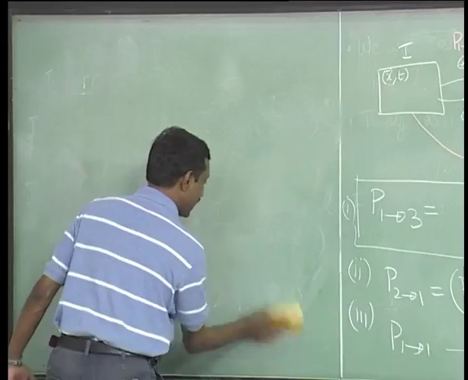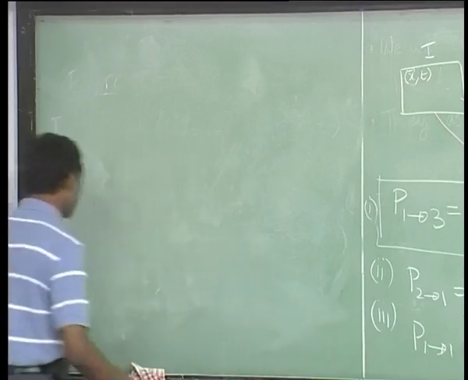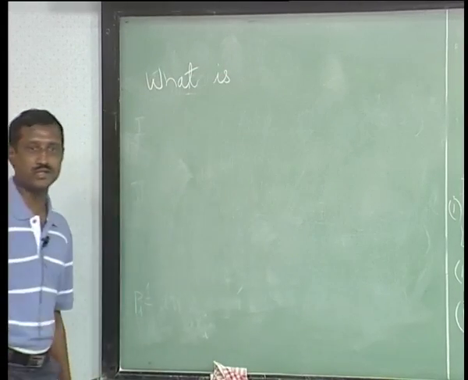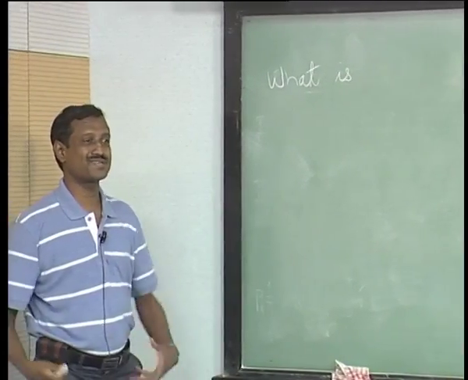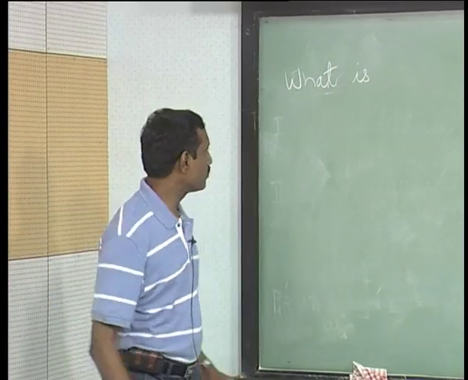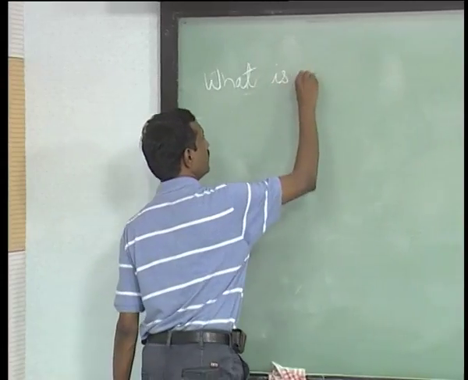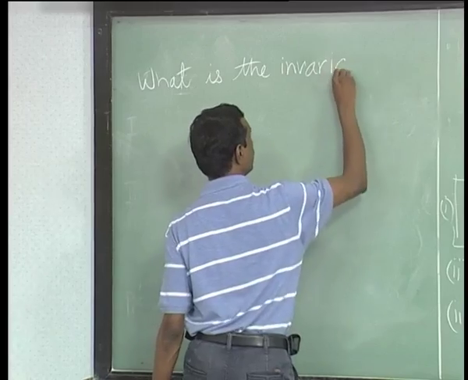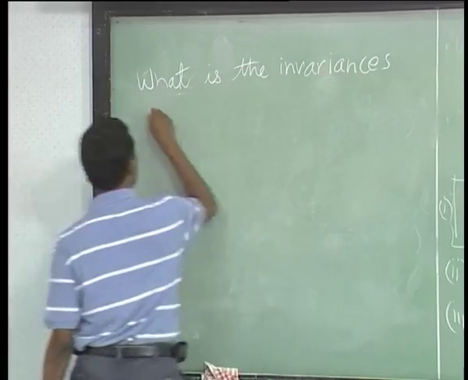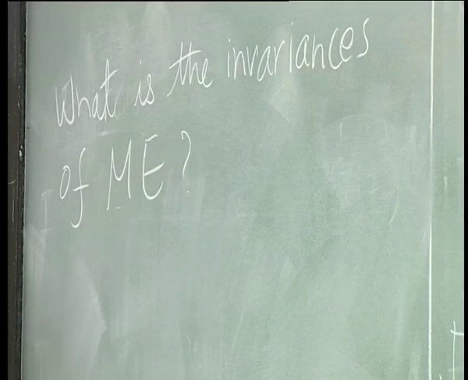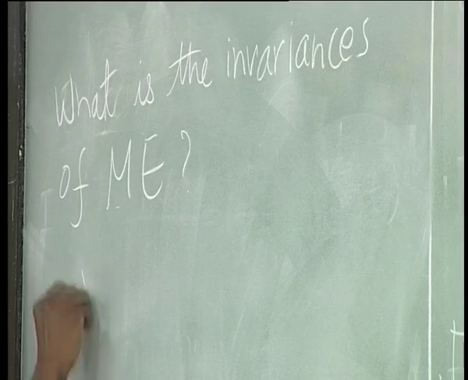So in order to do that, it turns out that Maxwell's equations in SI units are not the best suited for getting its invariances, and so we will get to rewrite Maxwell's equations in a slightly different form. ME stands for Maxwell's equations. So let me write it out for once in SI units.